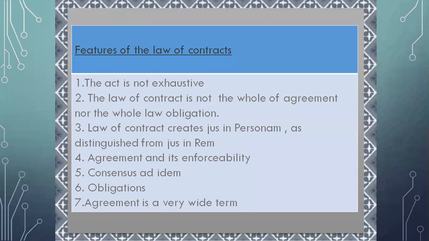Similarly, there are certain obligations which do not necessarily spring from an agreement. For example, civil wrong, quasi contract, judgment of the court, etc. Sheldon has rightly observed the law of contract is not the whole law, right?